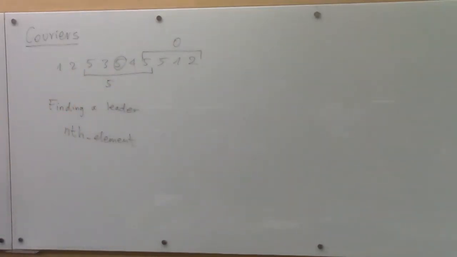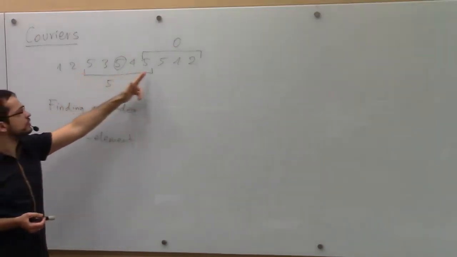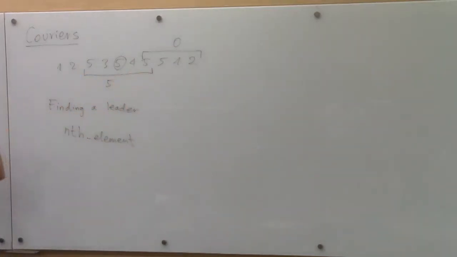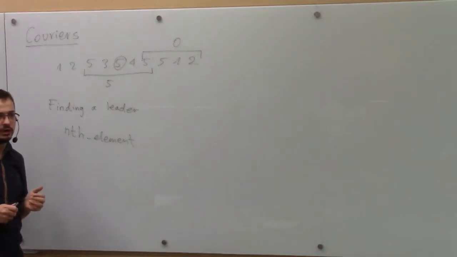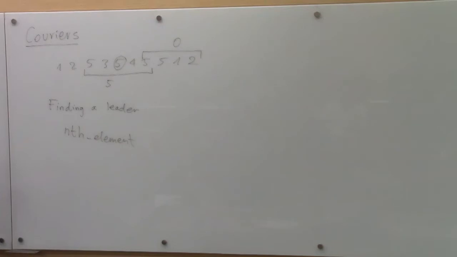Of course, for us it will be too slow, because if we do this linearly for each query, it will be definitely too slow. But it's good to recall one more algorithm for finding a leader in the sequence, because we can then adapt this algorithm when we build a binary tree over this sequence.